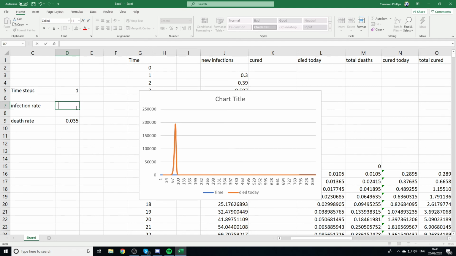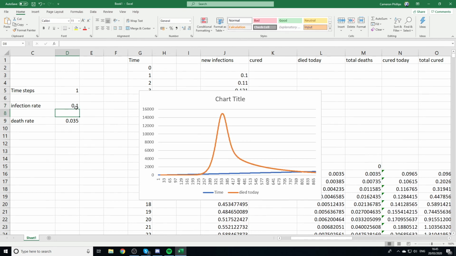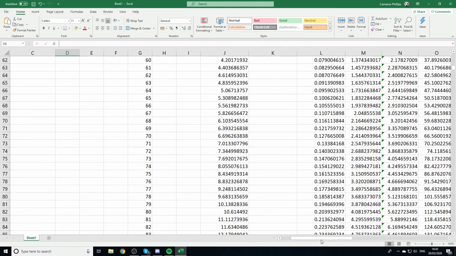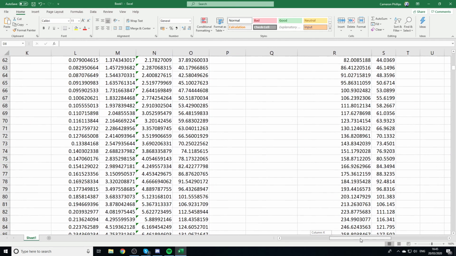So if we can all do as we are told, it spreads it over a much longer time. We get a much smaller peak. It doesn't necessarily mean fewer people will die, because it will go through the population.